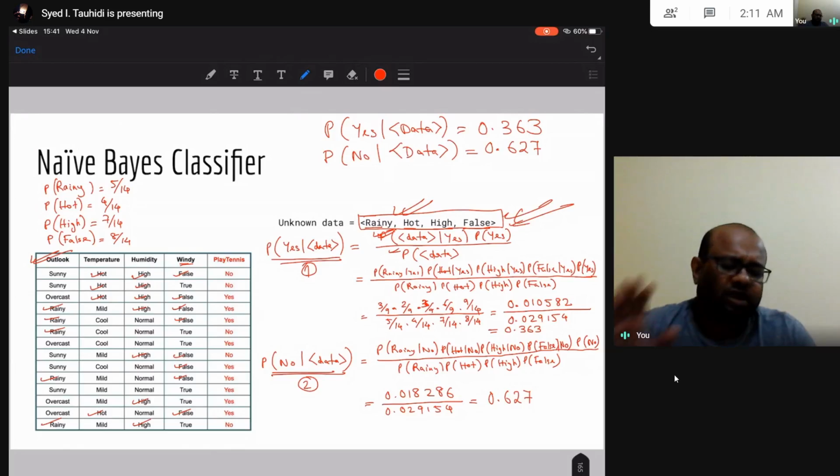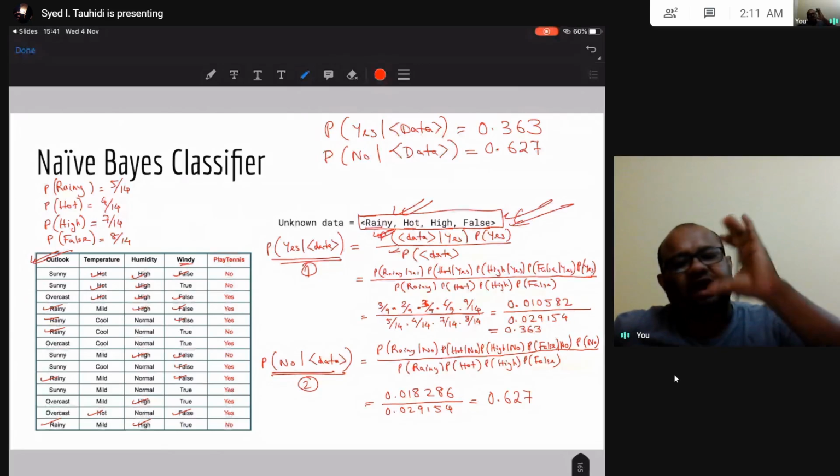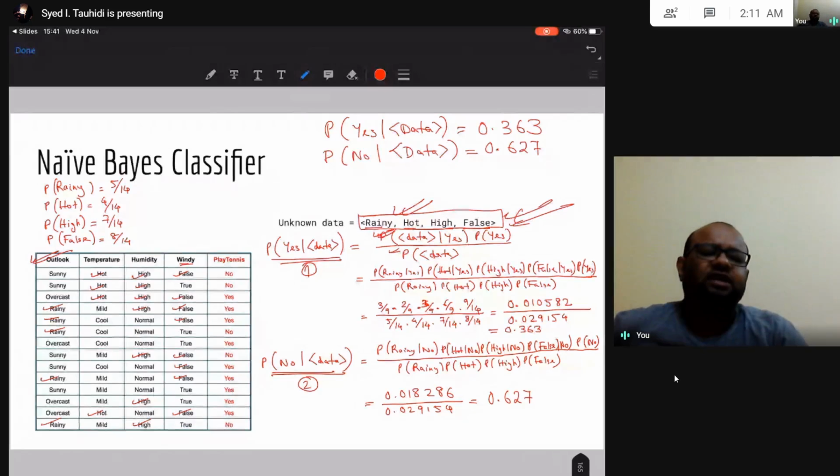Now here is the thing. The equation whose numerator had the highest value would have the highest probability, right? We are dividing all these numbers by the same denominator. So the highest number is ultimately going to end up being the highest probability.